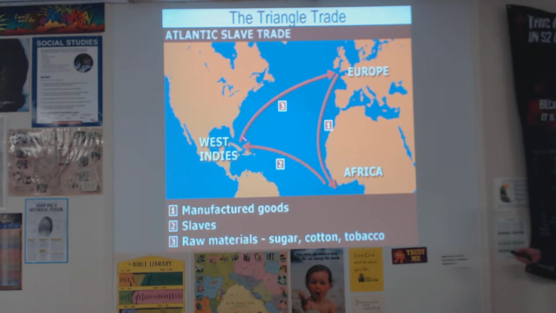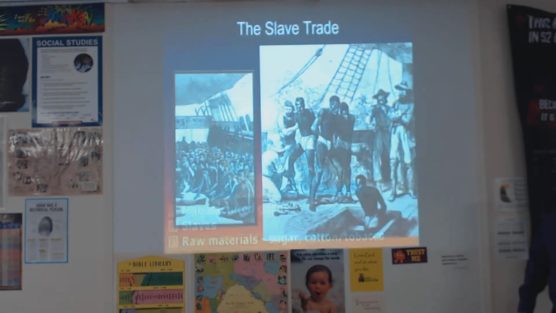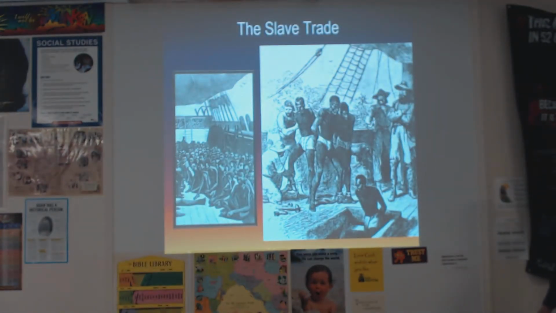And then the raw materials that are produced here, sugar, cotton, tobacco, and that would include up in North America as well, being sent to Europe. Manufactured goods being produced. And so there was this basic triangle of trade. Very simplified to look at it that way, but that's essentially what was happening with the trade. So when we think about the slave trade, there are some very gruesome pictures that come to us, drawings.